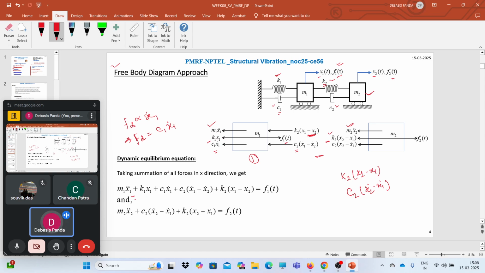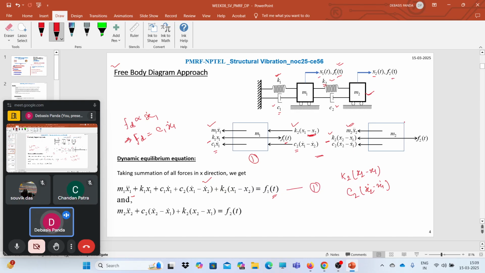So m1 x1 double dot plus k1 x1 plus c1 x1 dot, plus on the other hand we have c2 (x1 dot minus x2 dot), plus k2 (x1 minus x2) is equal to f1(t), because the direction of the external force f1 is on the opposite side of the forces acting on this system. So for the first degree of freedom we have an equation.